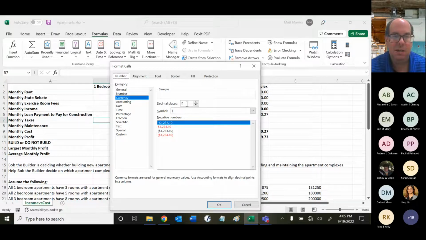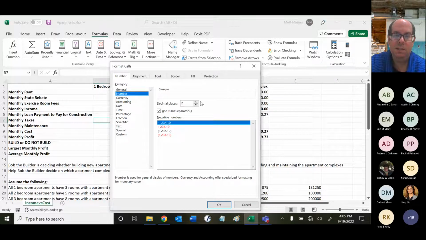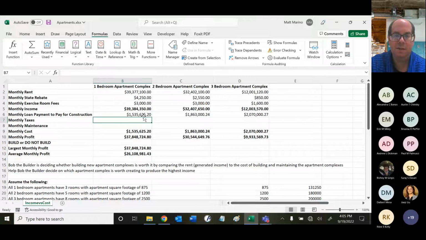Basically, the only time you'll need it is currency, 2 places. But when you're using numbers, it's usually set as default as 2. If your numbers are completely off, then make sure to change the decimal places. Because you don't want, for example, this to say like 2 million, because everything's rounded up.